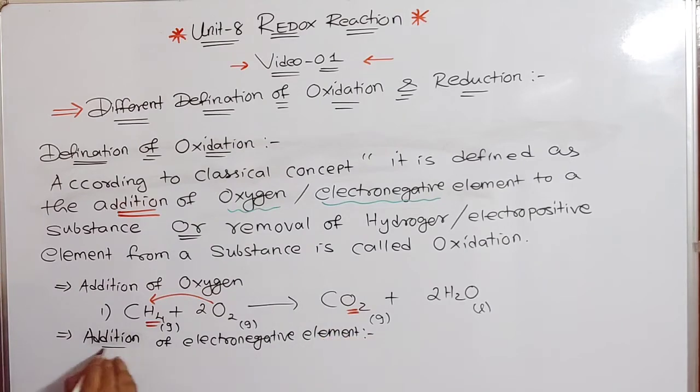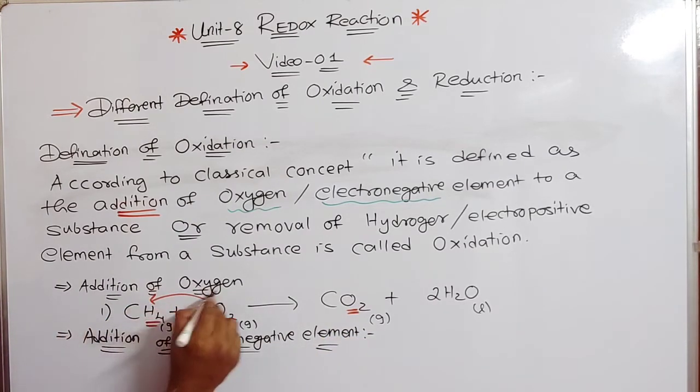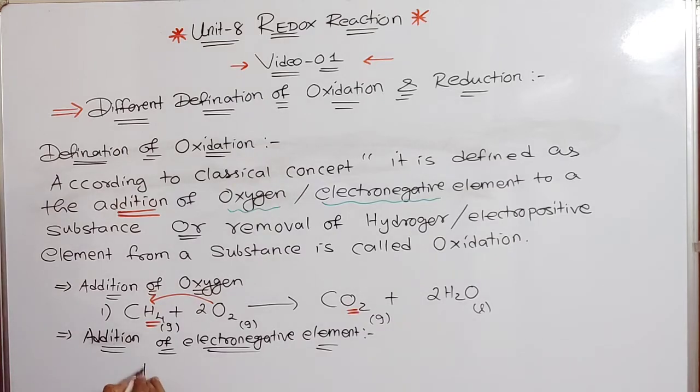For that we will write the example you can see here: addition of electronegative element. One nice example is Mg plus F2. Mg plus F2 will give you MgF2, like this.